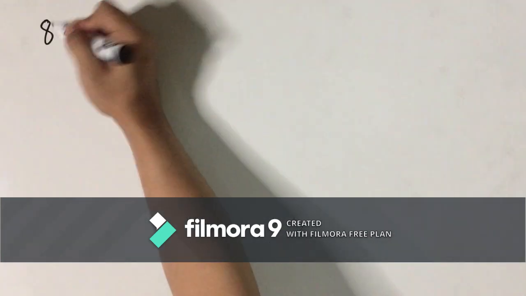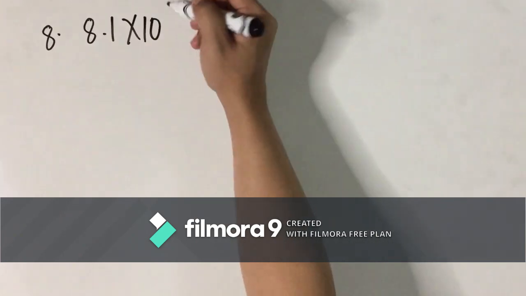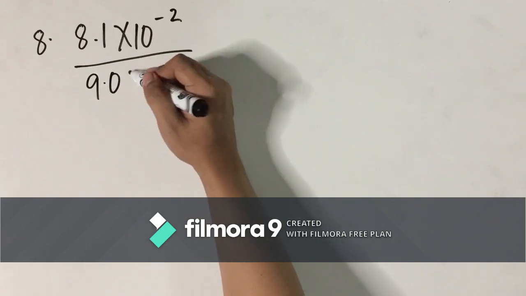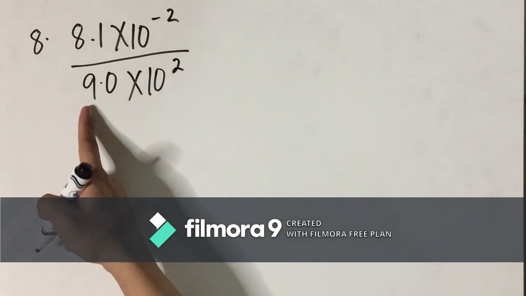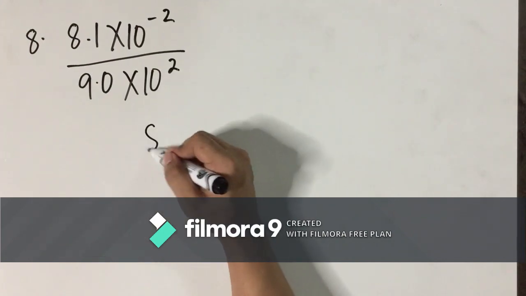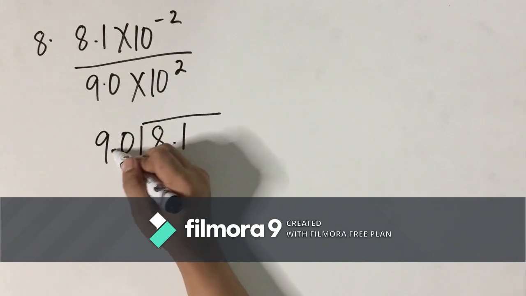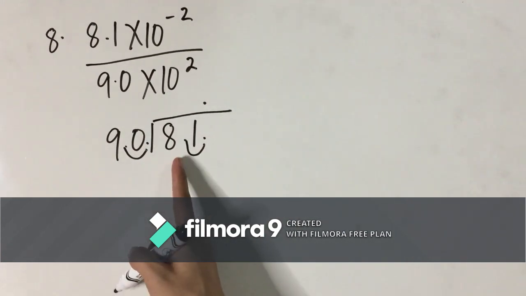So that's the answer. 6.5 times 10 to the negative 1. Now for last example, same operation. We have 1.8 times 10 raised to negative 2. Divide to 9.0 times 10 raised to positive 2. Work with the digit term, do the division thing. So we have 9.0, move the decimal point, 1.8, move the decimal point.